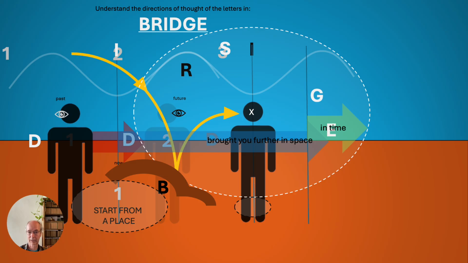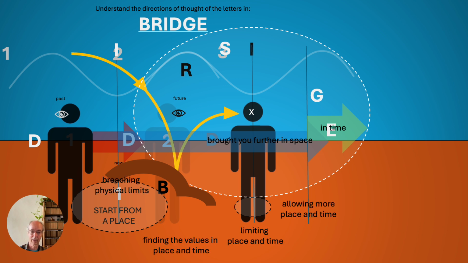And that's the expression actually from bridge, breaching also as a verb, not just as an object. Where you find the values in place and space, I can find the limiting area of place and time. But it can allow me also bigger possibilities in placing and time management as well, which can be reached after a while.